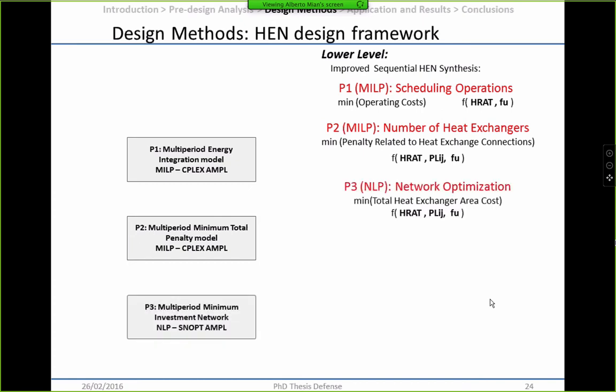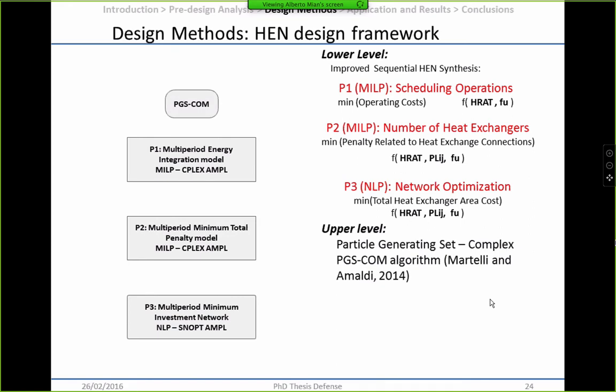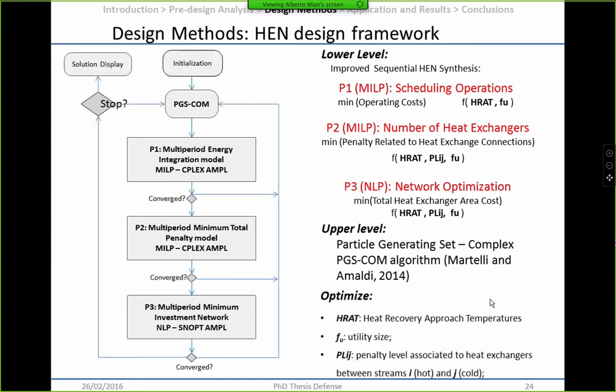And finally, we have the NLP, nonlinear programming problem, to minimize the total heat exchanger area. At upper level, the particle swarm, the particle generating set complex algorithm proposed by Professor Martelli has been used in order to optimize heat recovery approach temperature and utilities that will affect this step, and this.